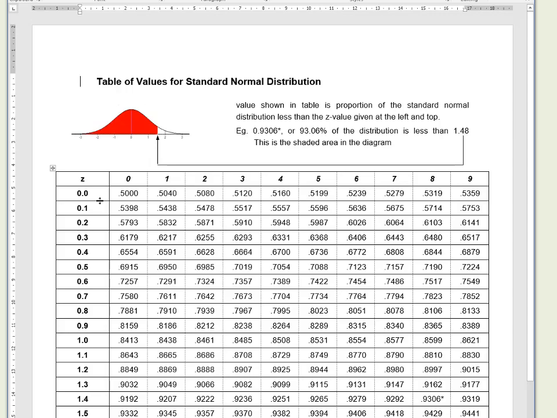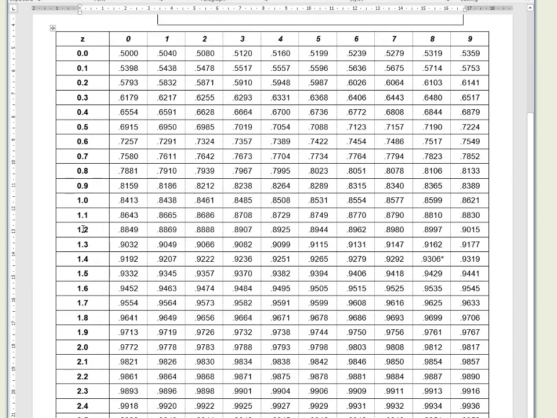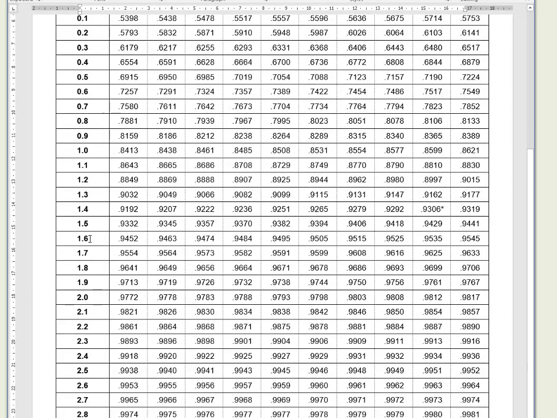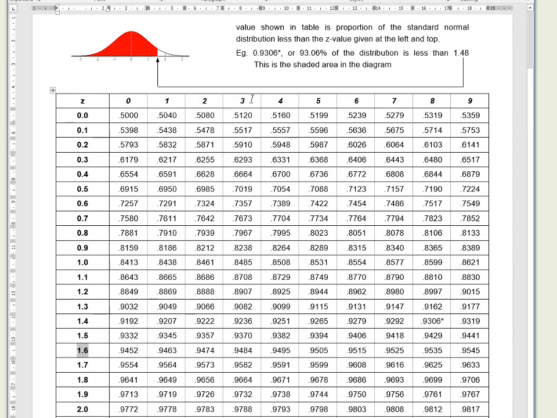So if we went to our 1.63, we look that up by going to Z is 0, Z is 0.9, 1, 2. So here's the 1.6. To find the 3, actually it's the 4, we'll see. 1.63 or 1.64, you look in the next decimal place here.